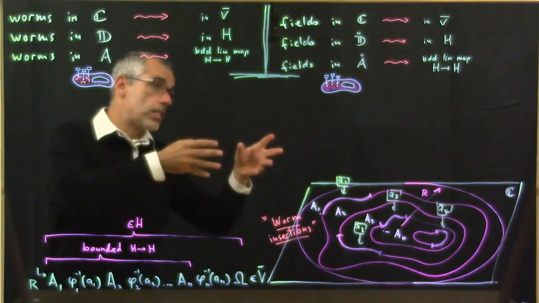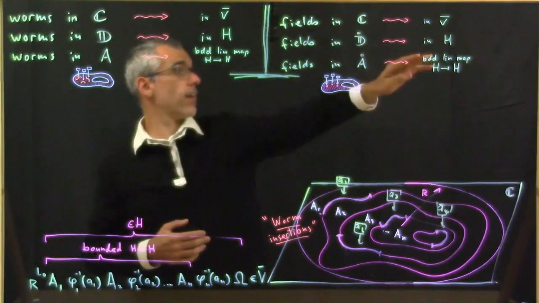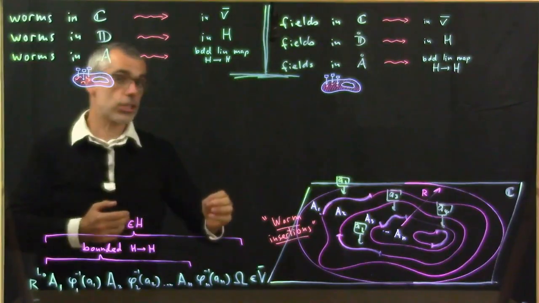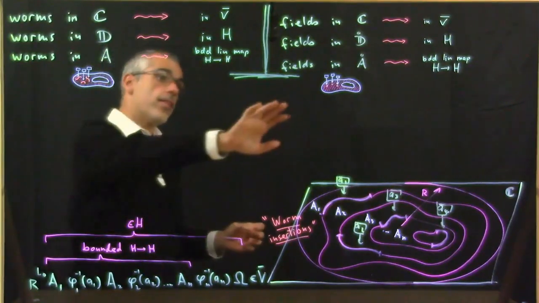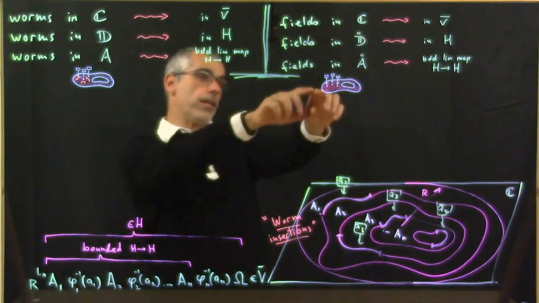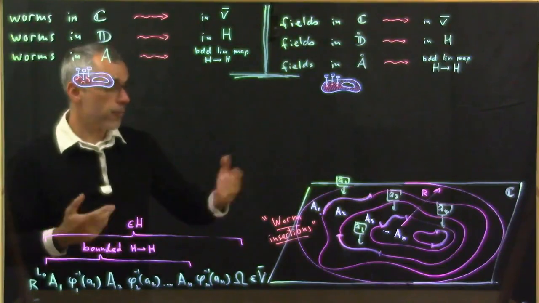If the points are inside the unit disk, then we learn that the resulting element is actually in H. And then we also learn that if I have an annulus where I insert fields, then we expect a bounded linear map from H to H.